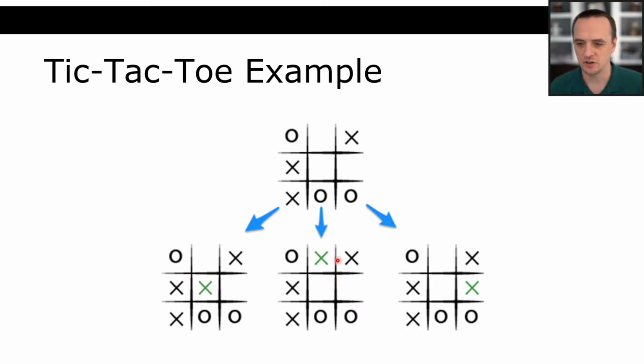Now, if I look at this state, well, I haven't won the game, but I also haven't lost the game. So maybe this gets a 0, because I haven't fully evaluated everything, but nothing bad or good has happened yet. Similarly, if I put my X over here, it's the same kind of situation as right here. I haven't won, I haven't lost. So there you go.